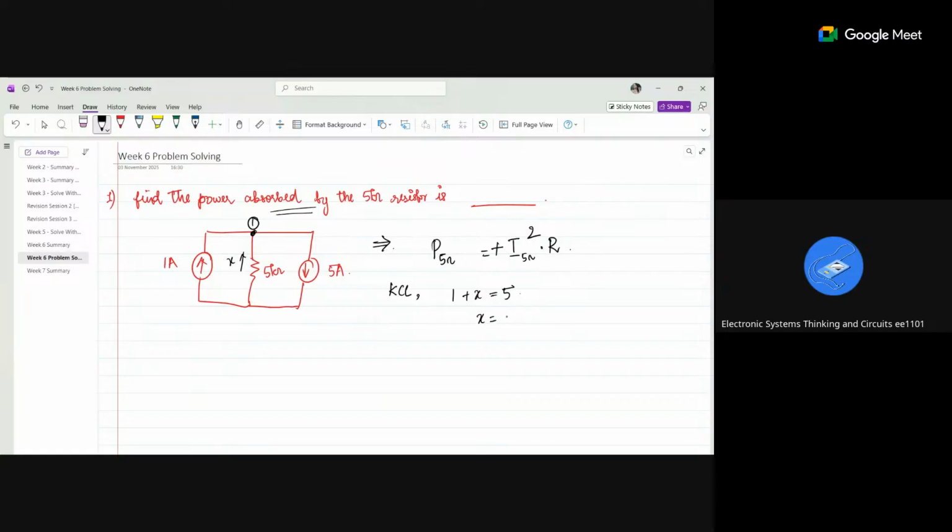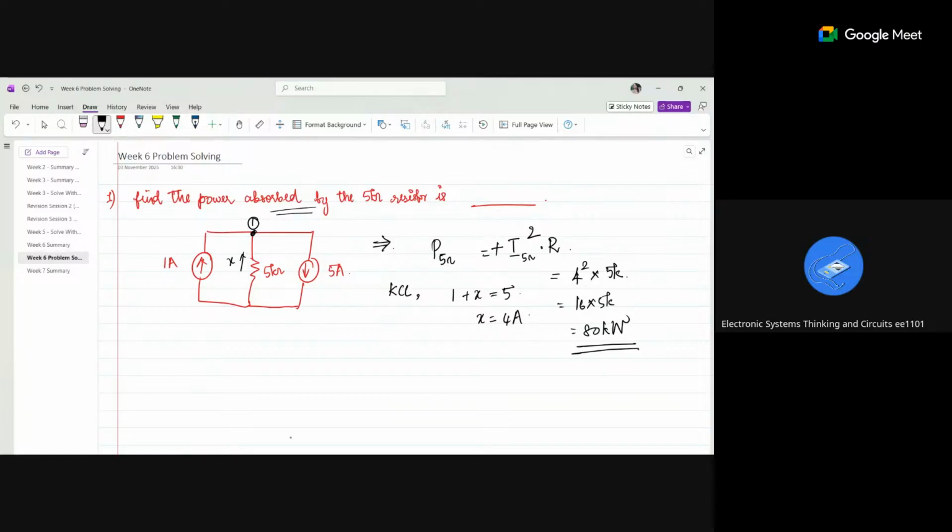So x is equal to 4 amperes, right? Yes. The current through the 5 kilo ohm resistor is 4 ampere. So it's 4 squared into 5k, that is 16 into 5k, which is 80k. What is the unit of power? Watts. Yes, it's watts.